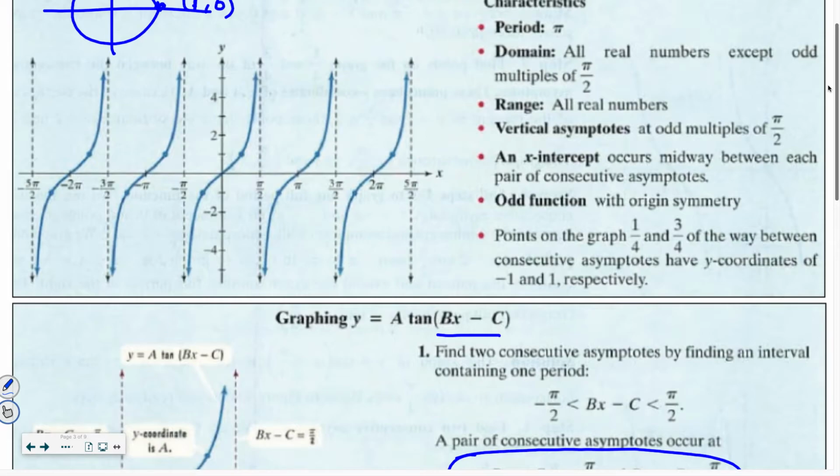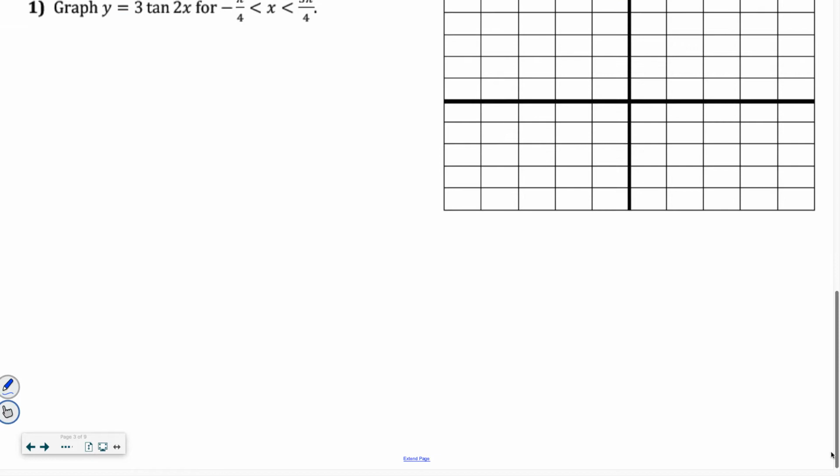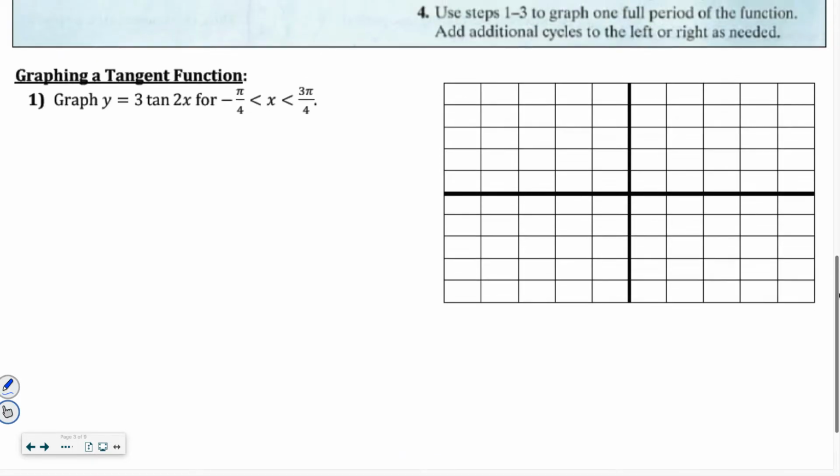So let's go ahead and do an example. 3 tan of 2x. To find my asymptotes, I'm going to take the argument, the stuff inside the parentheses. So tan of 2x.